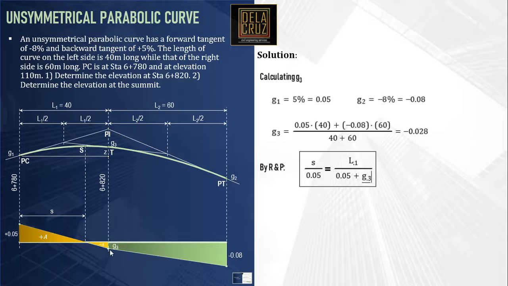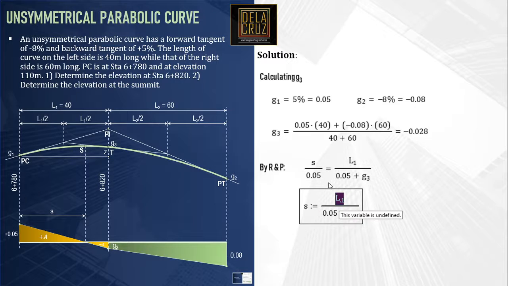Take note, we already calculated G3. Simplifying to calculate the value of s, L1 is 40 meters. Cross multiply with G1, 0.05, then substitute the value of G3, 0.028. In ratio and proportion, we just need the absolute value of the grades, because we just consider this as a line. This is just geometrical analysis. The unit must be in meters.